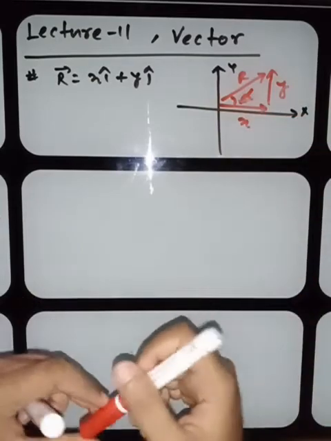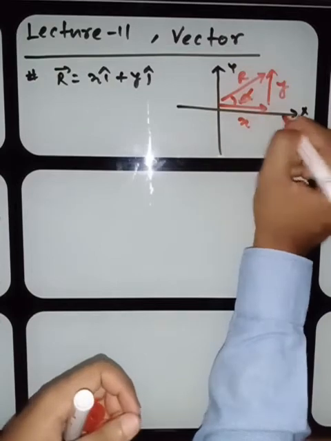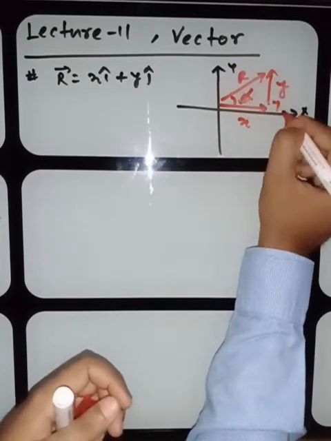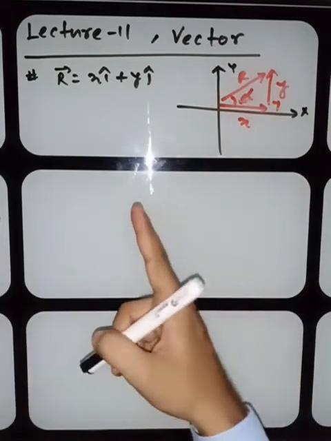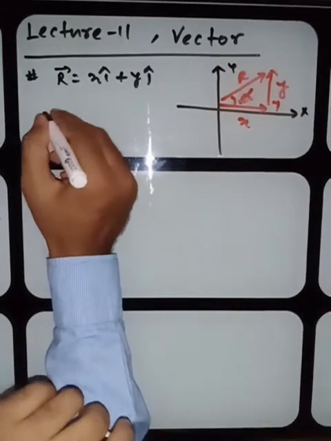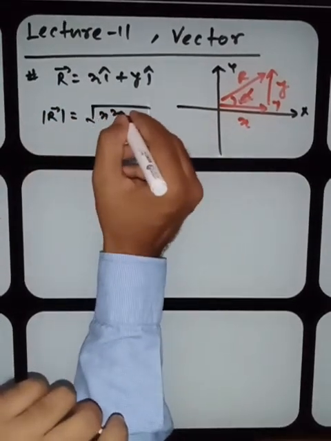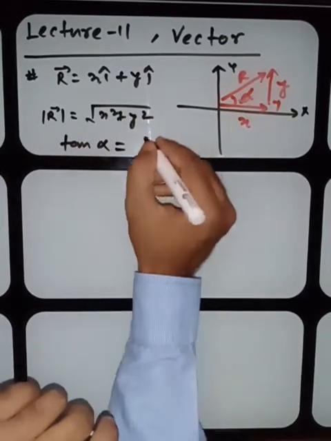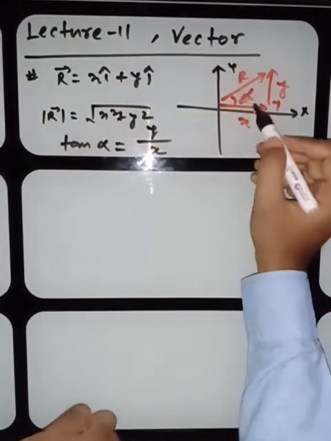This alpha is the angle between the resultant and vector x, and the angle between vector x and y is how much? 90 degrees. So you write the magnitude of this vector r as mod of r equals root under x square plus y square, and tan alpha you write as y by x, that is the angle of the resultant with the x-axis.